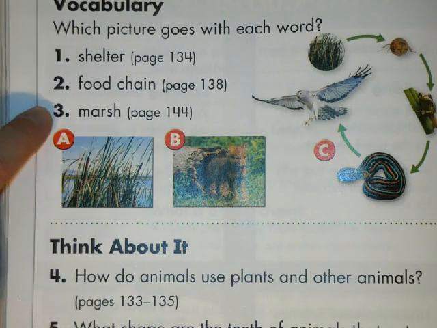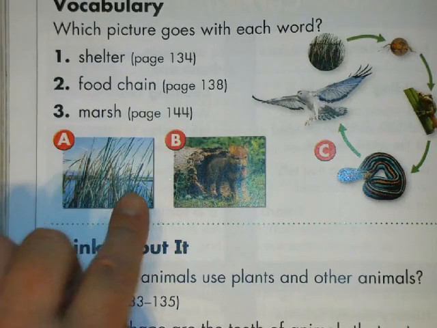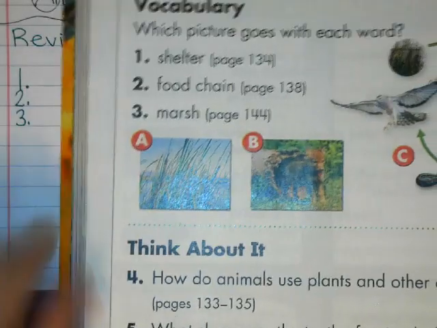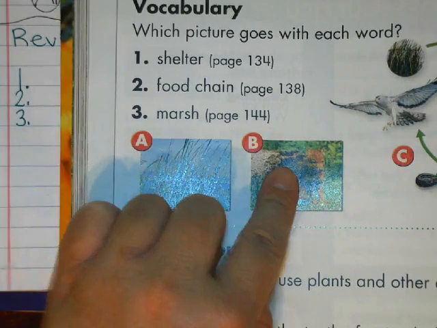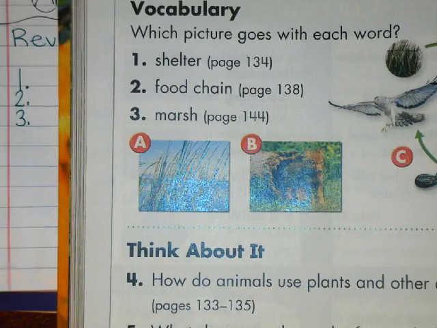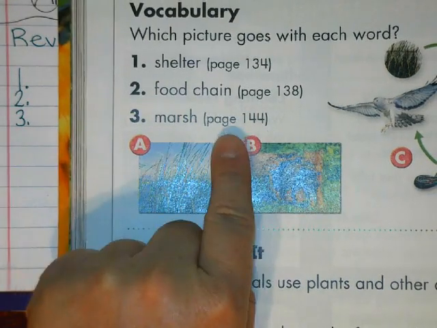Number 3, a marsh. Which picture shows a marsh? A, B, or C? You're going to put the letter A, B, or C next to the number on your paper. And it has the page numbers here.